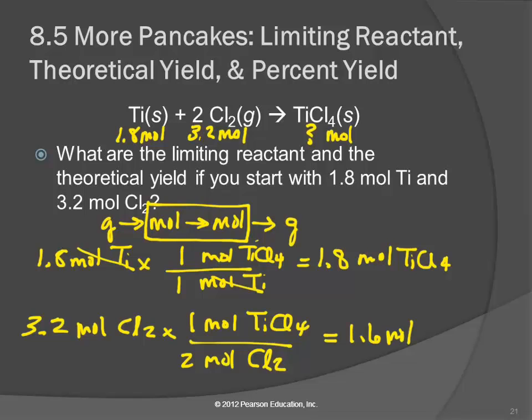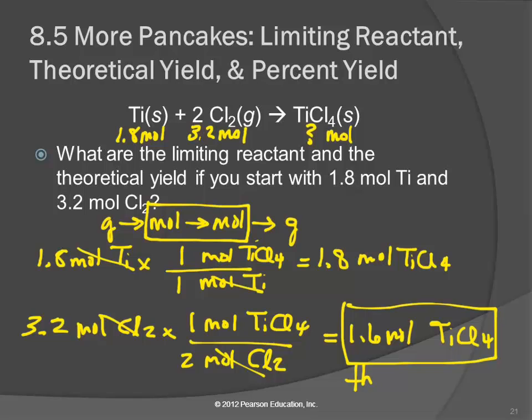Did I do that math in my head correctly? Thank you. So we take each reactant, we calculate the amount of product, and then we look at them, which is smaller, 1.8 or 1.6? So, oh, 1.6 is smaller. This is the theoretical yield.